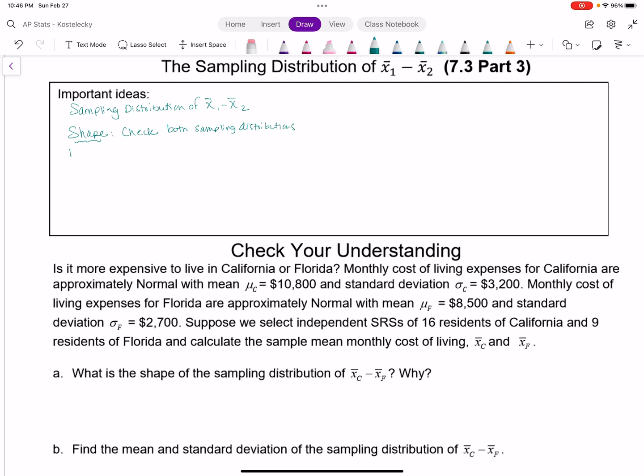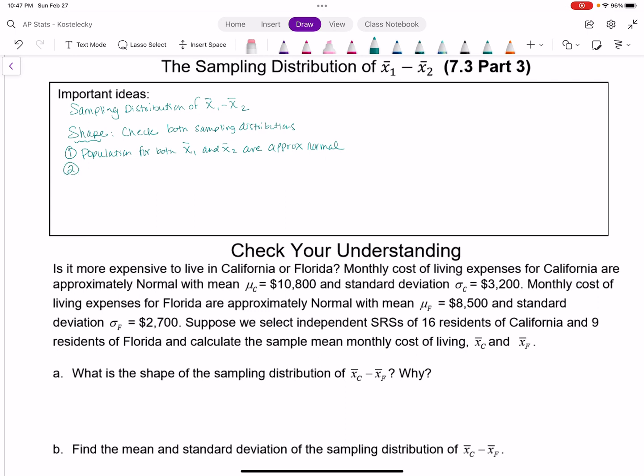Now, first thing you can check is if the population for both x bar 1 and x bar 2 are already approximately normal. If their populations are normal, then the samples are also going to be normal. So double check that. If they give that to you, great. You have less work that you need to do.